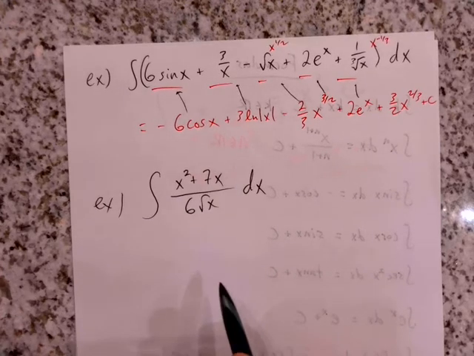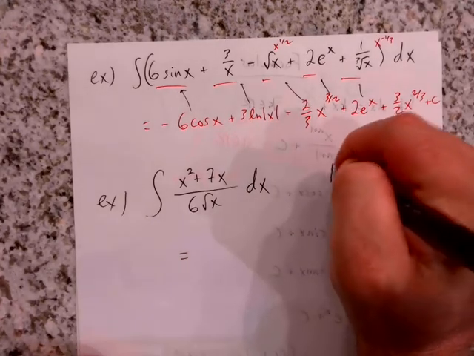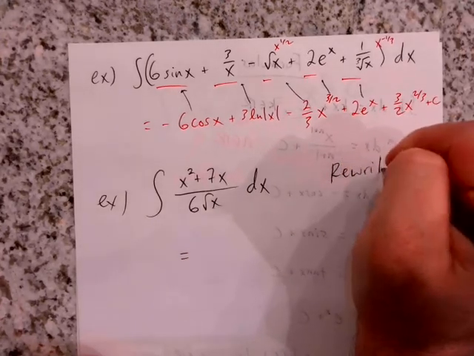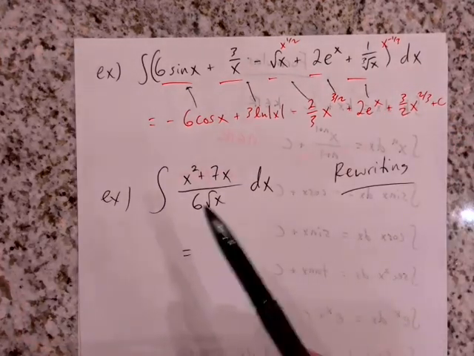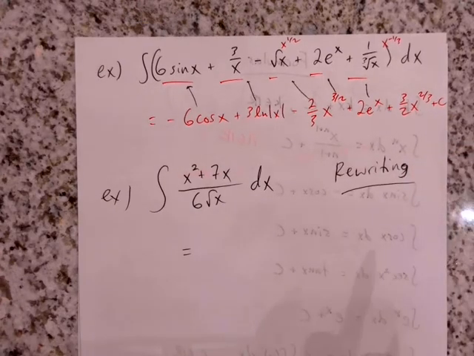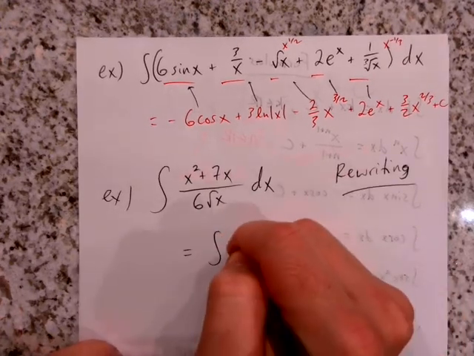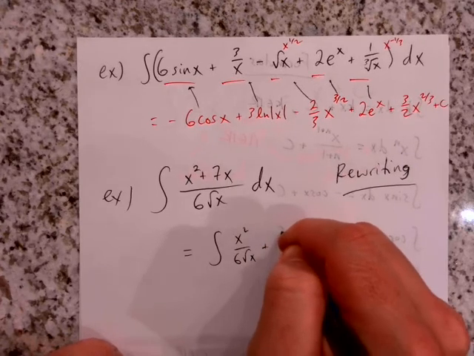Instead, the only way to do this is to rewrite this. A ton of integration is just rewriting. You are given an integral, but you can't integrate that form. So you do all the algebra that you have to, to rewrite it and turn it into a form that you can integrate. And how to do this is we'll divide everything on top by the 6 root x.